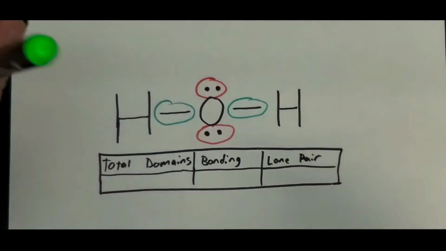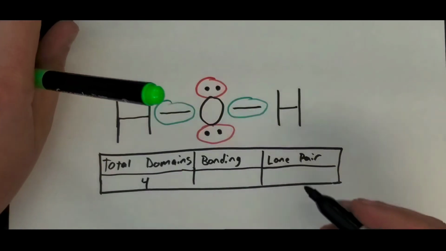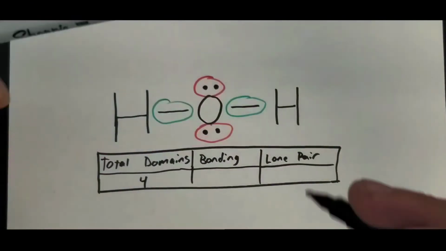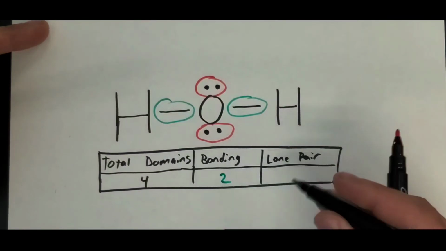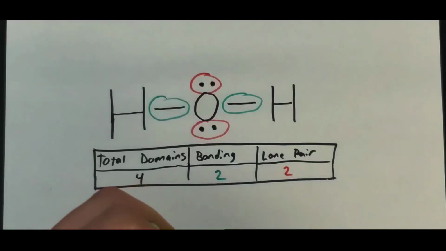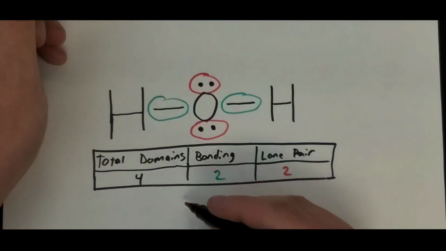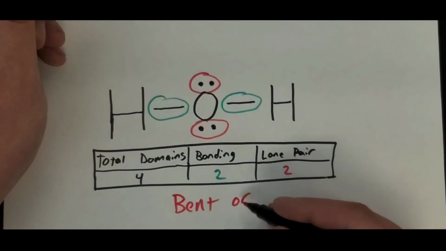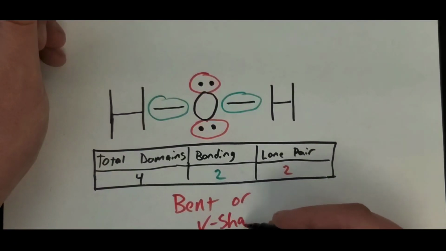So a total of 4 domains. Of those, 2 are bonding, 2 are lone pairs, and if you look at your table, this will all correspond with a bent or V-shape geometry.